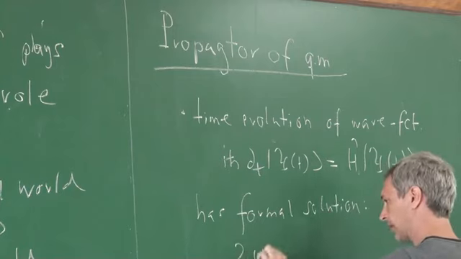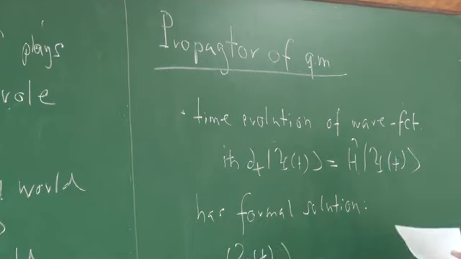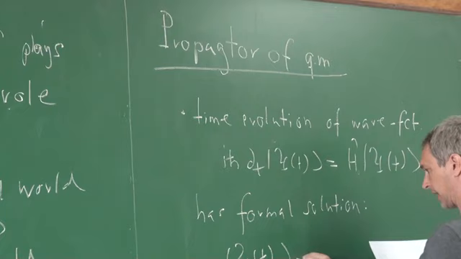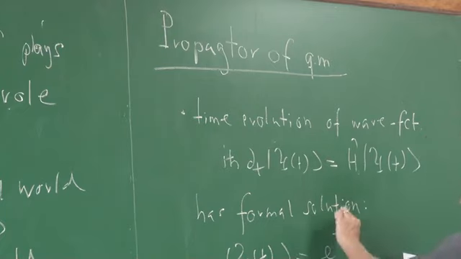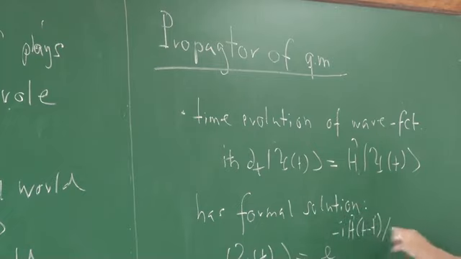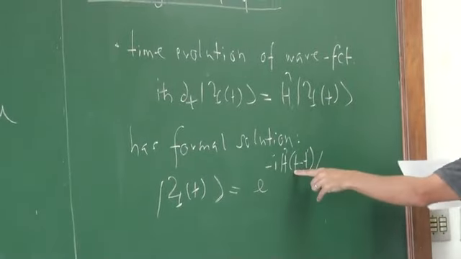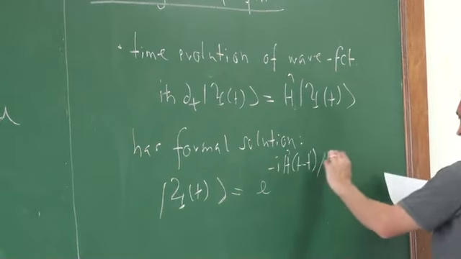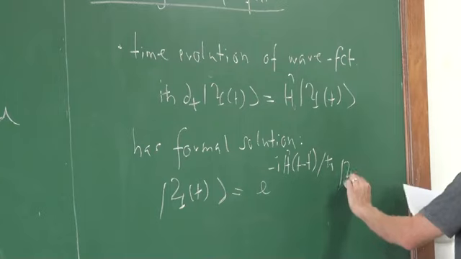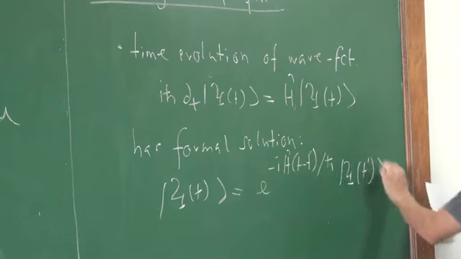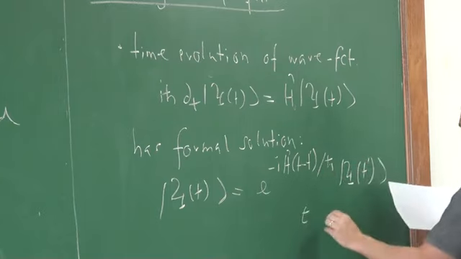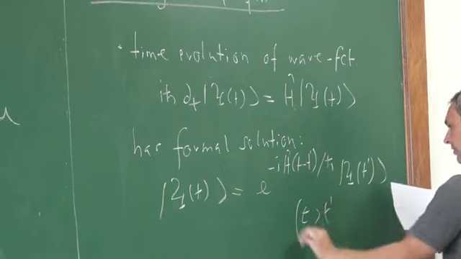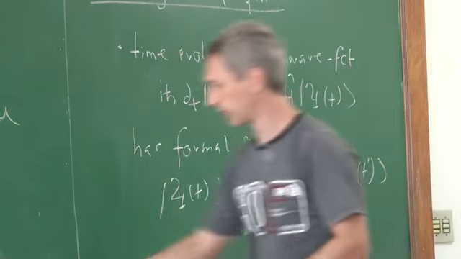So the wave function at some time t can be given by acting with the exponentiated Hamilton operator multiplied with some time difference t minus t prime divided by h bar on the wave function at time t prime, where t should be larger than t prime. Okay, so this is just a formal solution to this problem.